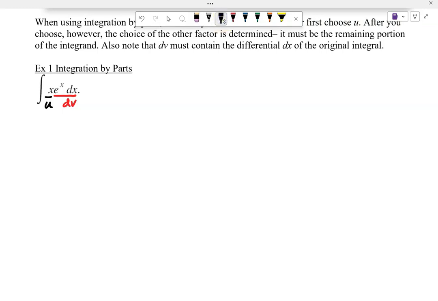Okay, so I'm going to go to the side. I'm going to let my dv be e to the x dx, and I'm going to let my u just be the x. Okay, and I'm going to run my integral. Well, the integral of 1 dv is just v. Right? I'm integrating 1 with respect to v.